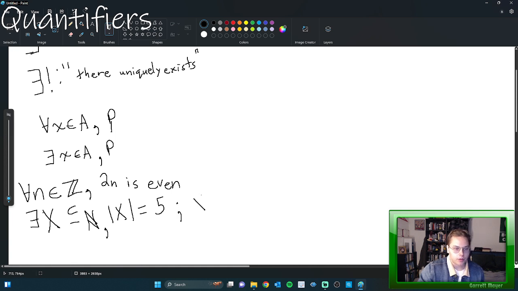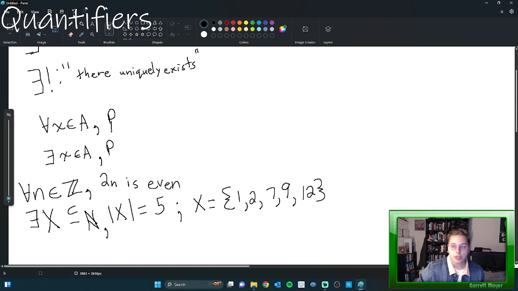So you find one example and you prove the statement true. So there's the example 1, 2, 7, 9, 12. All this means is there is a subset x of natural numbers where the cardinality of x is 5. Cardinality is just the size of the set, the number of elements in the set.